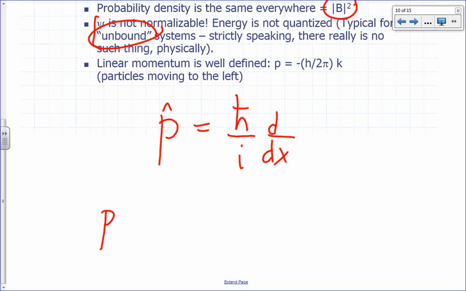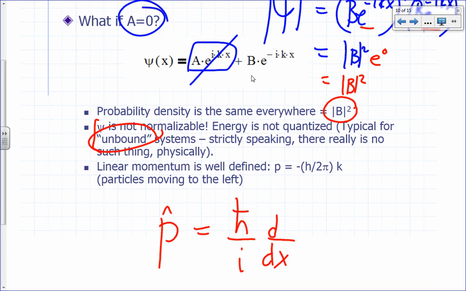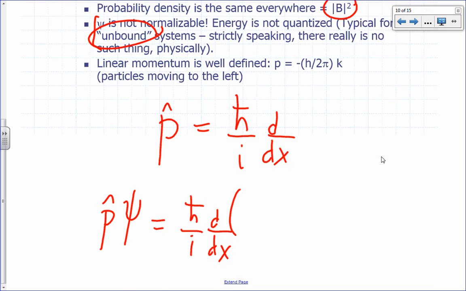So let's apply p hat on psi. What do you get? h bar over i d by dx. And what was psi? It's just b e to the negative ikx, right? And what does that give you?